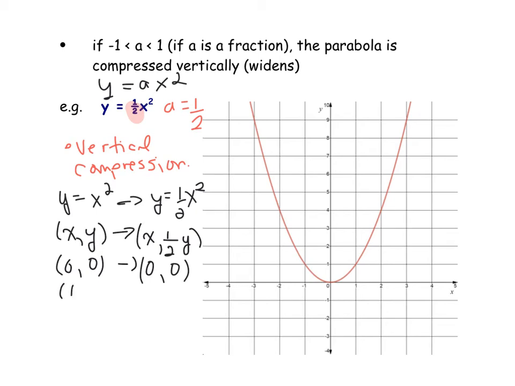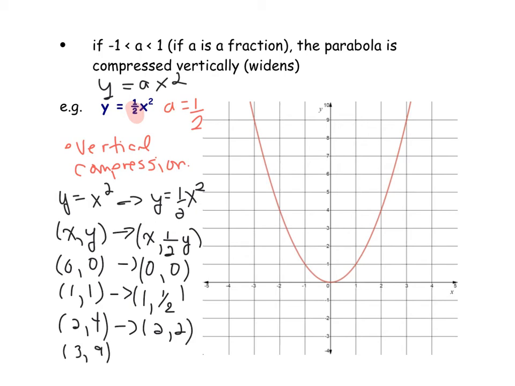Then I've got 1 and 1, and that's going to become 1 and 1/2 or 0.5, whichever you prefer. I've got 2 and 4, which is going to become 2 and 2, and 3 and 9, which is going to become 3 and 4.5.